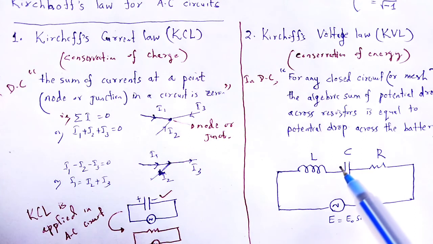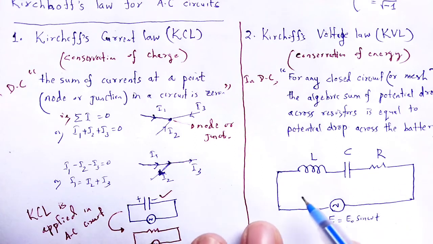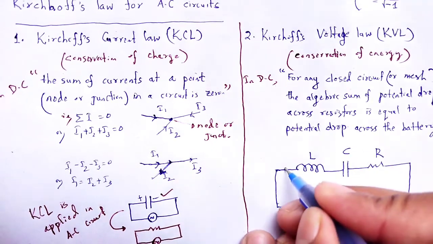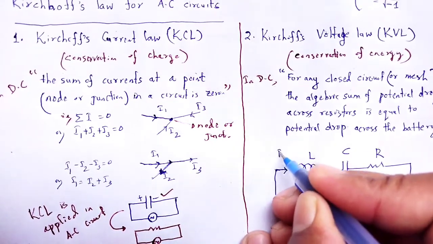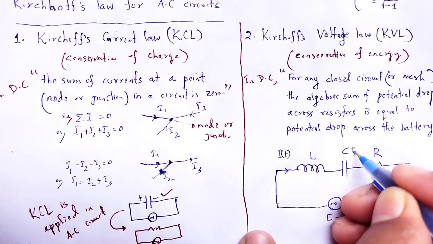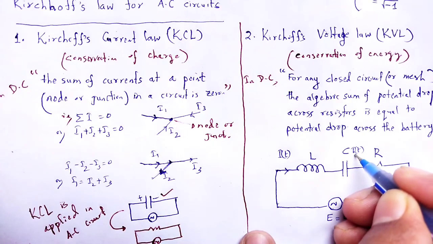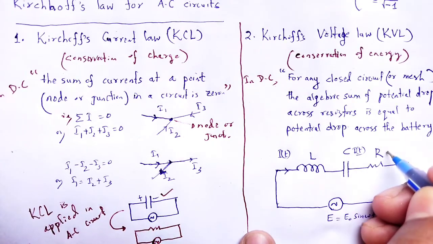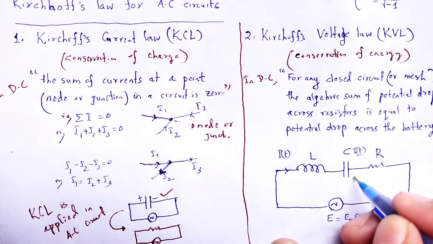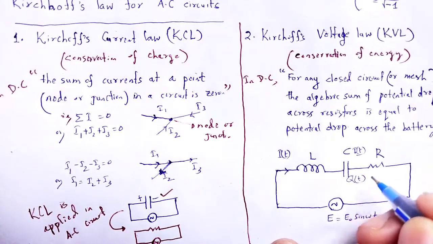Therefore, we take the instantaneous voltage and current at their terminals. Hence, the situation in AC is very similar to that of DC. So, here the current is the instantaneous current as a function of time, and the accumulation of charge is a function of time.